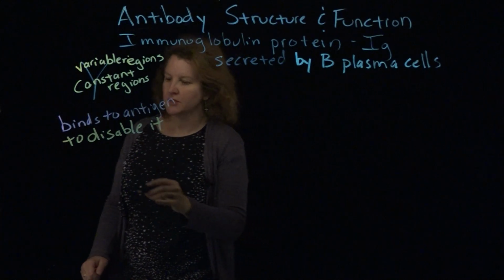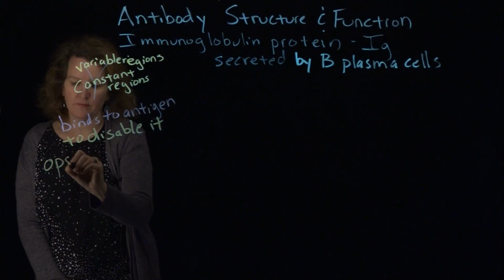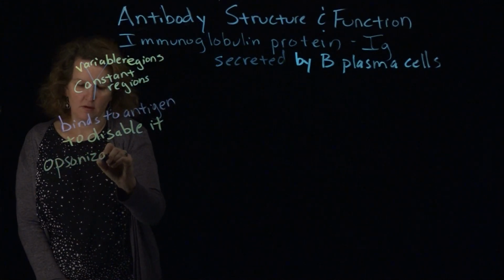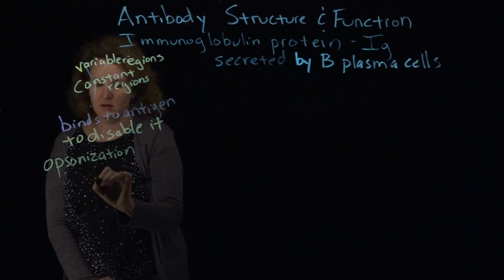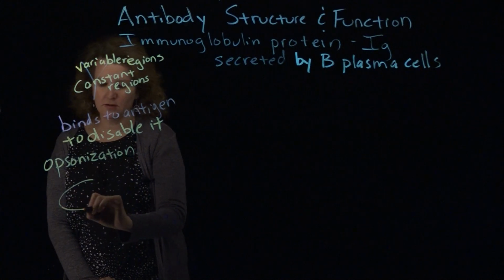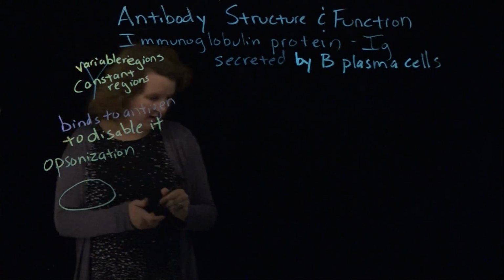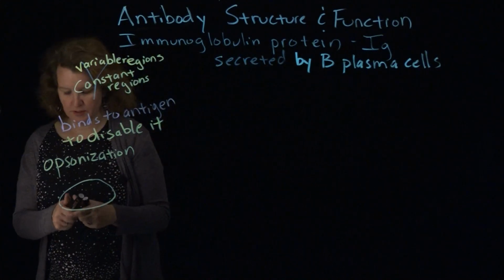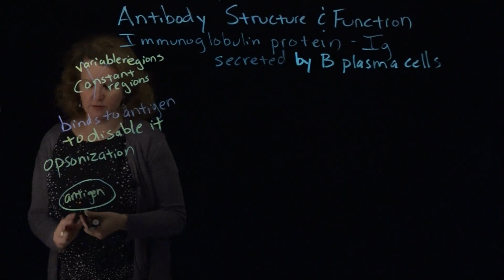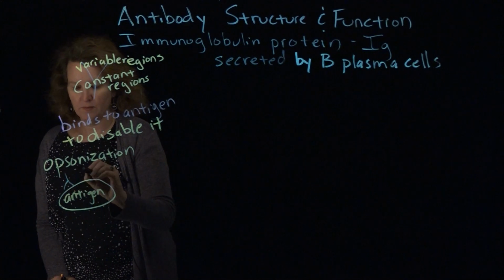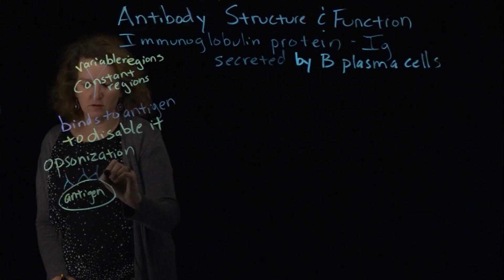So one of those is opsonization. So you'll actually see, and I'm not going to draw all of the binding here, our antibody binding to the surface of, this is our antigen. I'm just kind of making a generic bacterial cell here. And it will coat it.